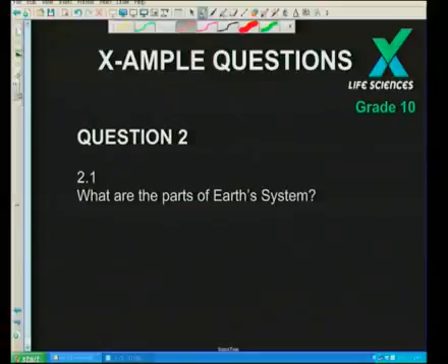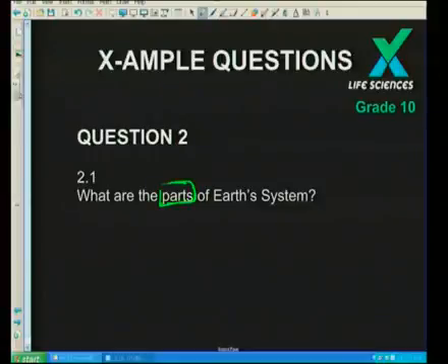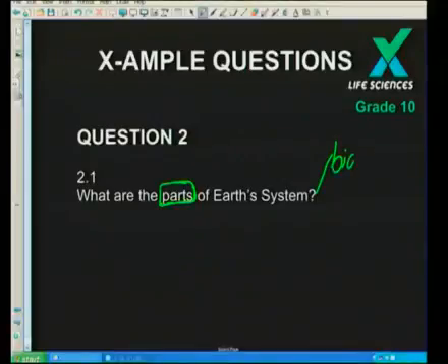So our emphasis is on the word parts. What are the parts of the Earth's system? Now, we've just done a summary of all the parts. So if you think of the whole Earth, what are the different parts? Right, we're going to start with the term biosphere.